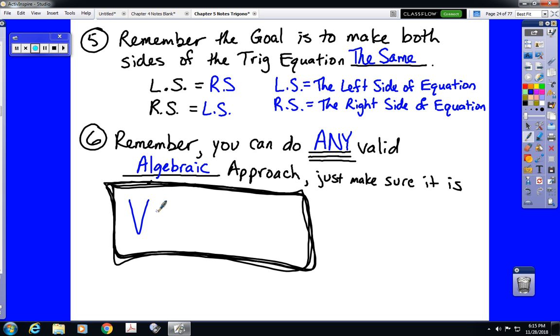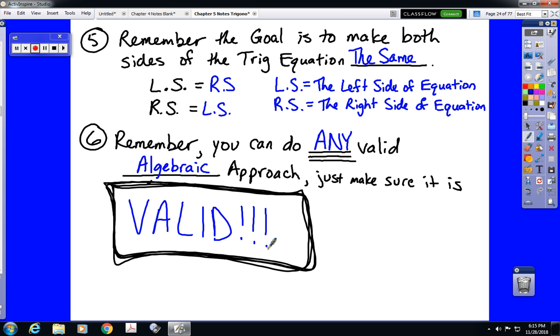The big thing here is that your approach has to be valid. You cannot cancel illegally. You cannot multiply only one term by a value. Okay, unless you're doing something like rationalizing a denominator. I mean, there's a lot of things that we can do, a lot of tricks and shortcuts that we can use.